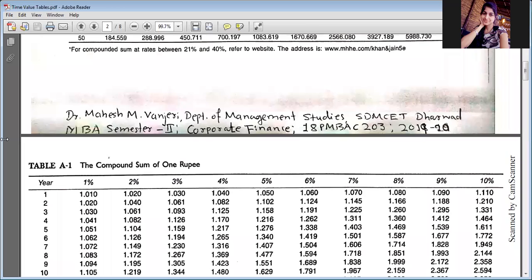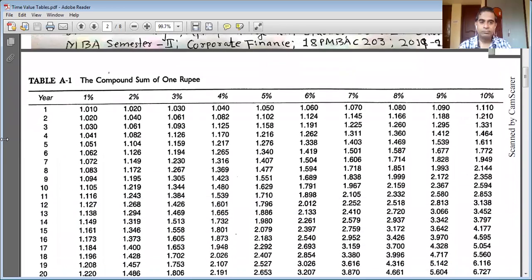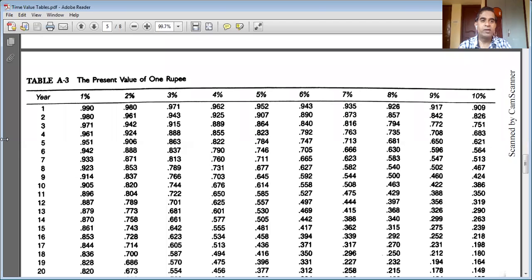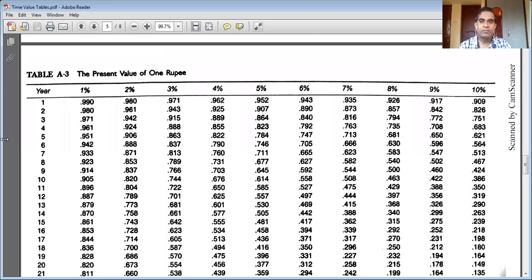Yes, sir. Okay, so now we are going to refer to table A3 to find the PVIF, the present value interest factor. Table A3 is the present value of 1 rupee. After how many years is Mr. X going to receive 2000 rupees? 5 years.